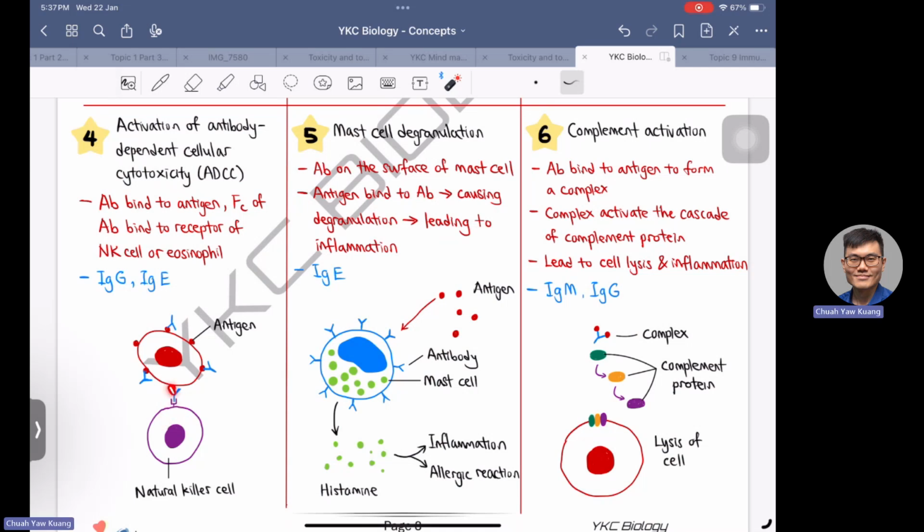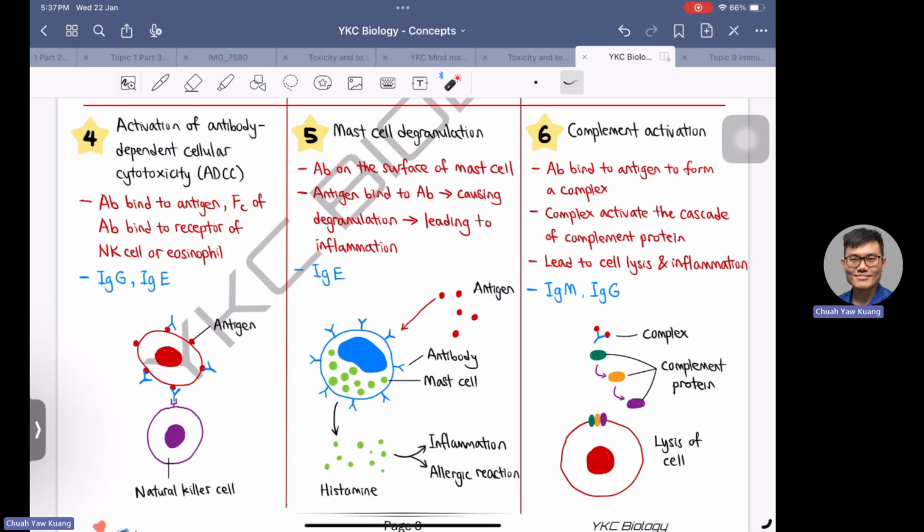When these antibodies that bind to the antigen bind to this natural killer cell via their Fc region, it is going to activate the natural killer cell and cause it to release factors like perforin to lyse this virus-infected cell. So with that, the antibody eliminates those viruses that occur in this infected cell and thus gives protection to our body.